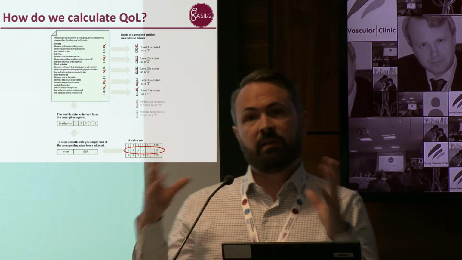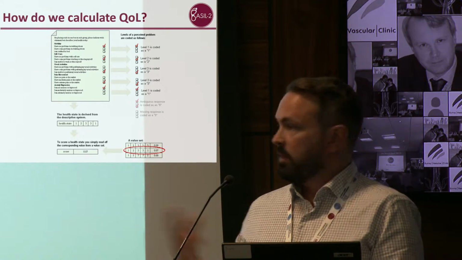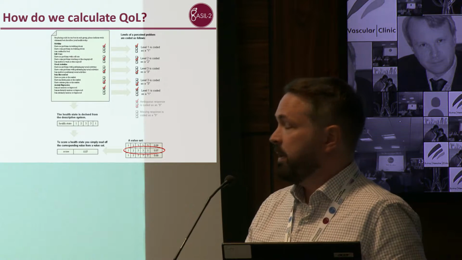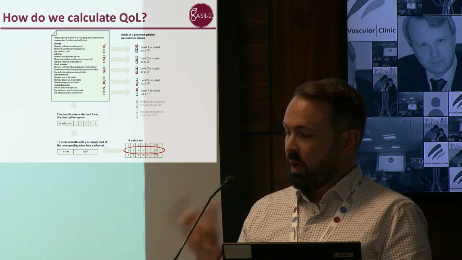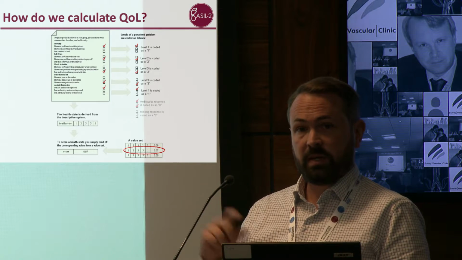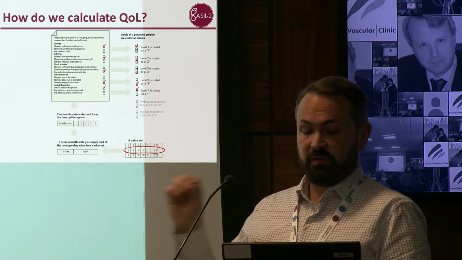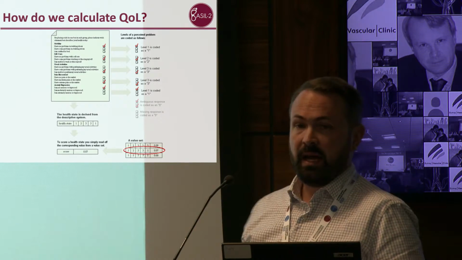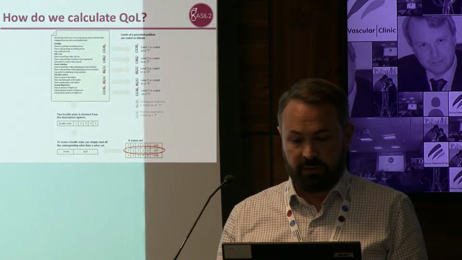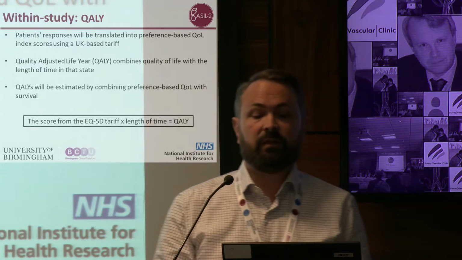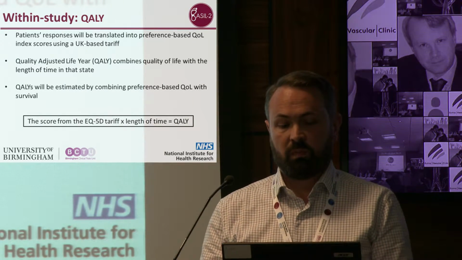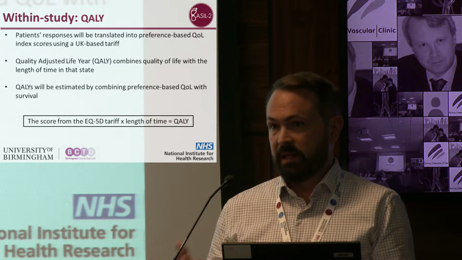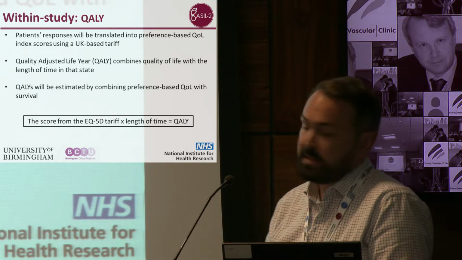That 5-digit health state has a quality of life attached to it. So we have a tariff which was developed from a national survey, where we assigned a quality of life between 0 being the worst and 1 being the best to each of these states. And that quality of life then feeds into our quality adjusted life year. So QALYs, I'm sure you've all heard about QALYs.